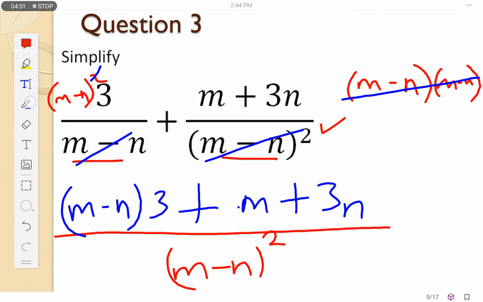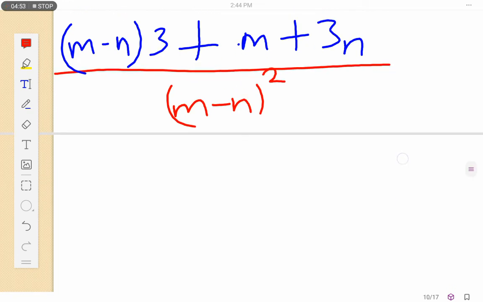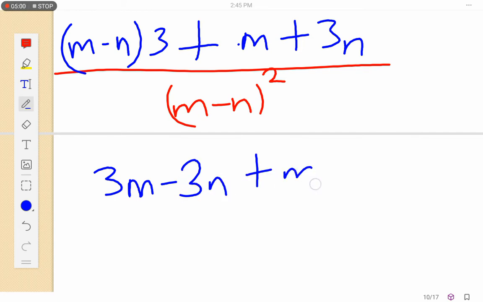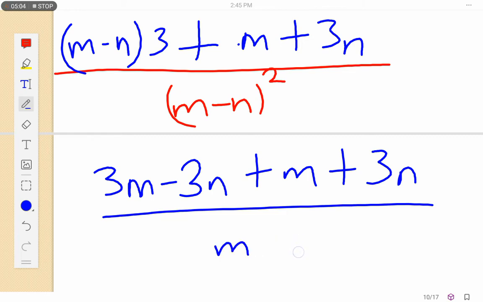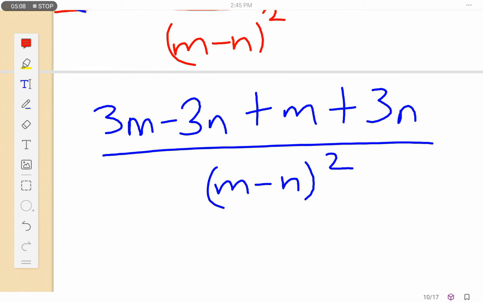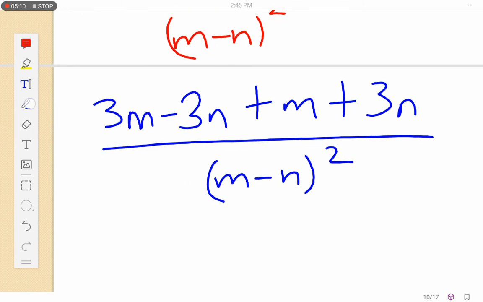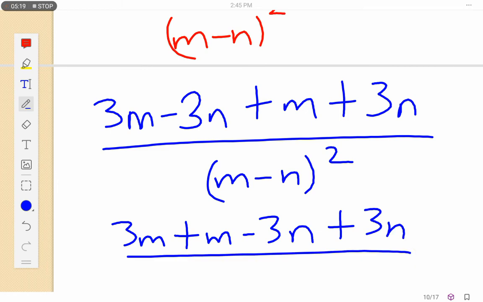Let's simplify that. We'll have 3m minus 3n plus m plus 3n over m minus n squared. Let's take the m's together and the n's together, so I can have 3m plus m, minus 3n plus 3n, over m minus n squared.